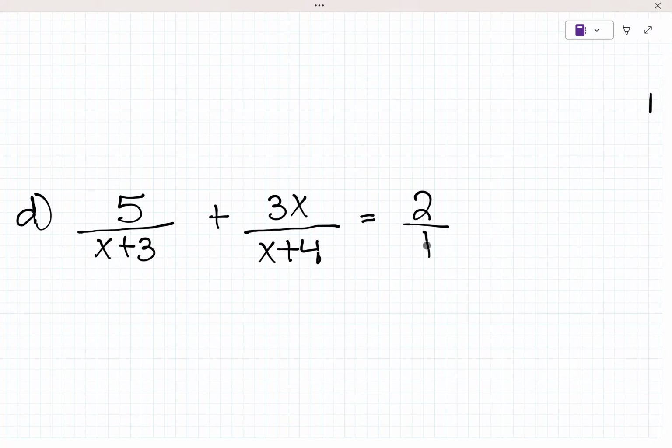So let's see. Now we've got to solve. Over here, let's do the right side. What I'll do first is FOIL out the x plus 3 and x plus 4, then distribute the 2. So x times x is x squared, x times 4 is 4x, 3 times x is 3x, and 3 times 4 is 12.